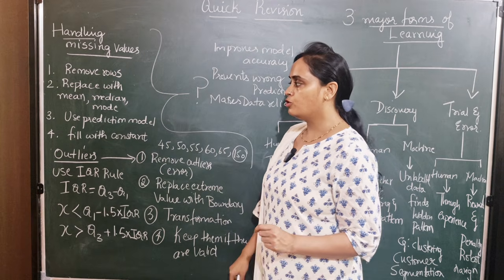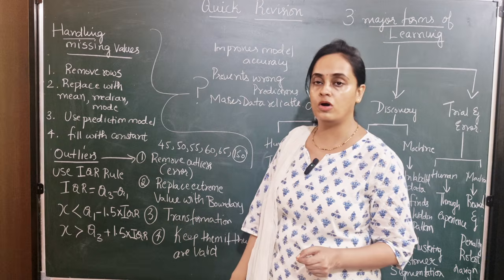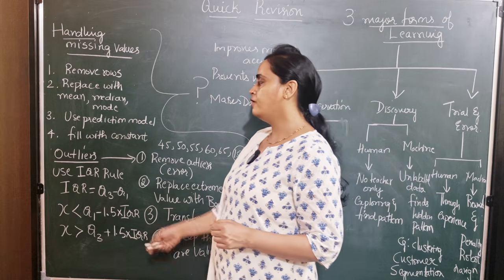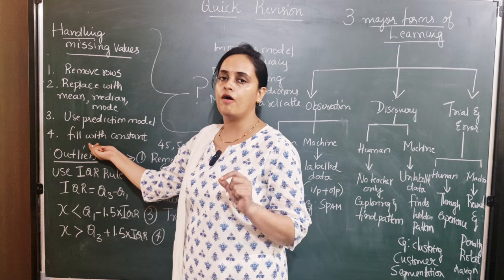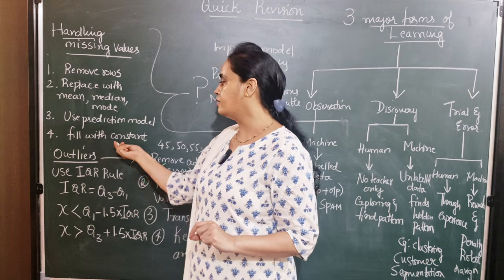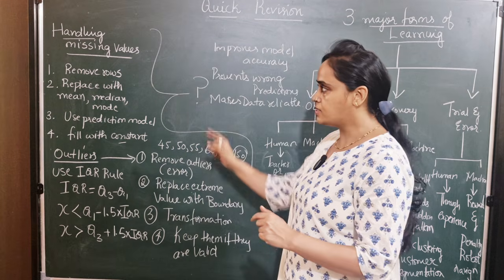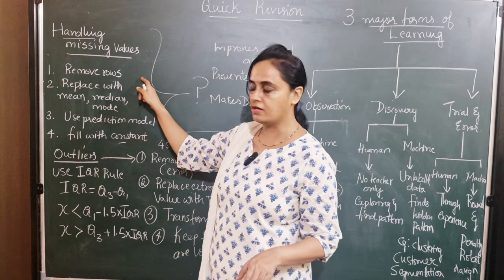The third way is to use a machine learning prediction model to handle the missing value. Finally, fill that empty space where the value is missing with a constant. So these are the ways to handle the missing value.